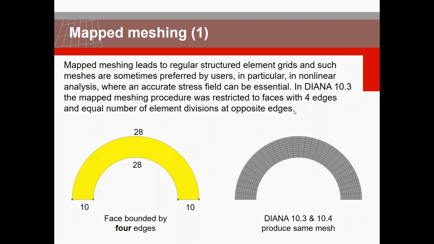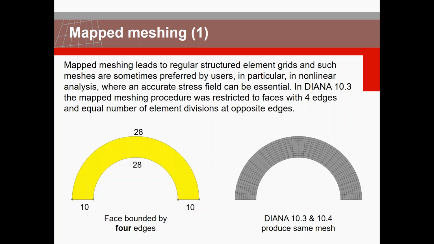Map mesh. This is very important from the user point of view, especially when you're dealing with nonlinear analysis. The stress field and the smoothness of its distribution is very essential. So most engineers and users want to have nice, uniform and structured elements. The necessity of that is using the map mesh.